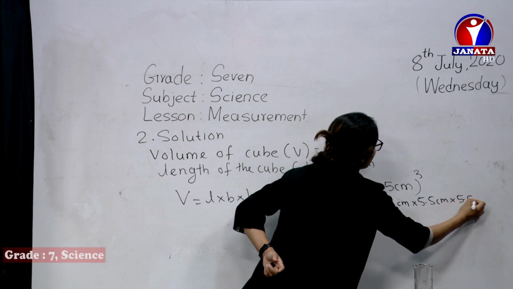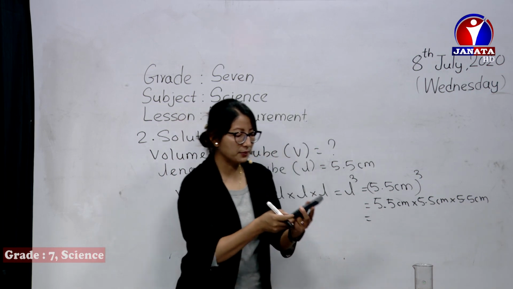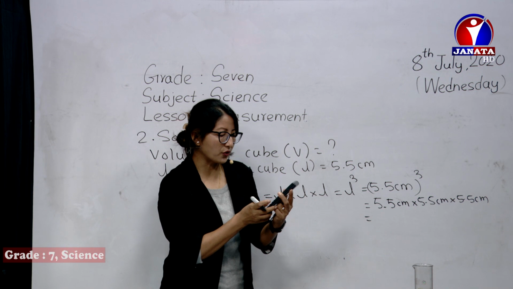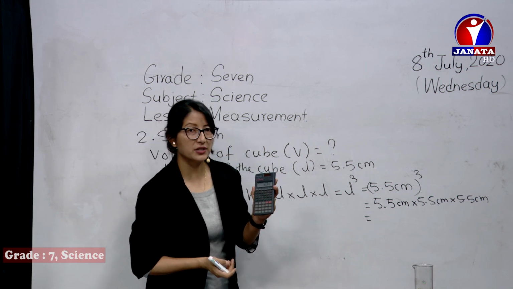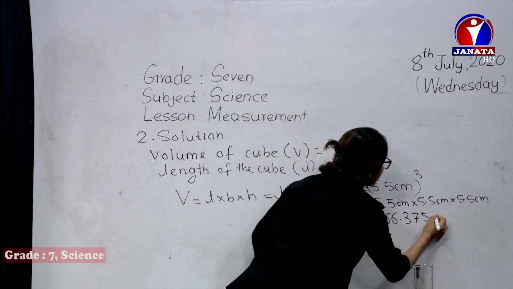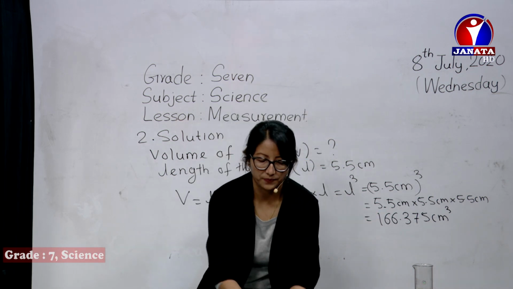You can write it like this, or directly calculate. Taking the help of the calculator, 5.5 into 5.5 into 5.5, we get altogether 166.375 centimeter cube, which is the volume of this cube.